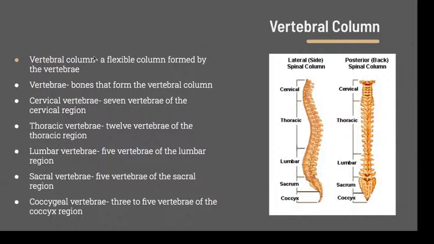The vertebrae in the 3 upper regions of the vertebral column are called true or movable vertebrae. The sacral and coccygeal vertebrae are called false or fixed vertebrae because they are fused to one another.